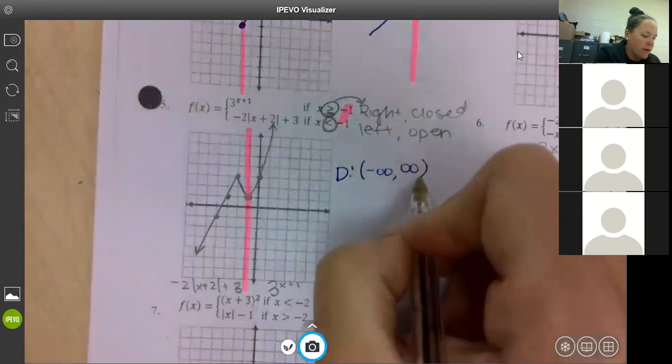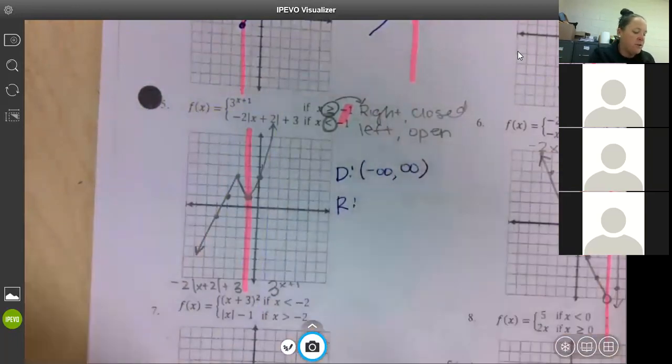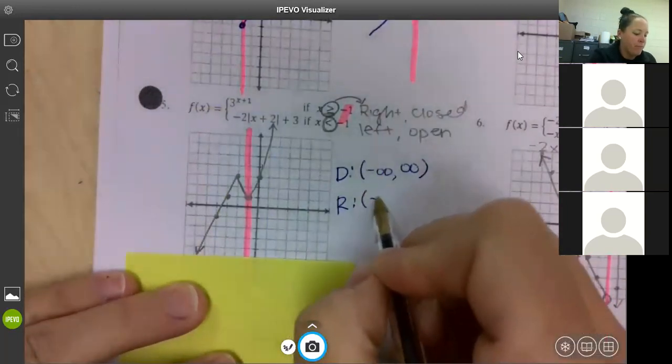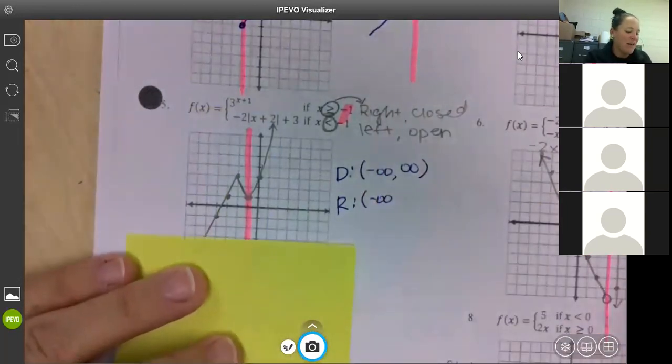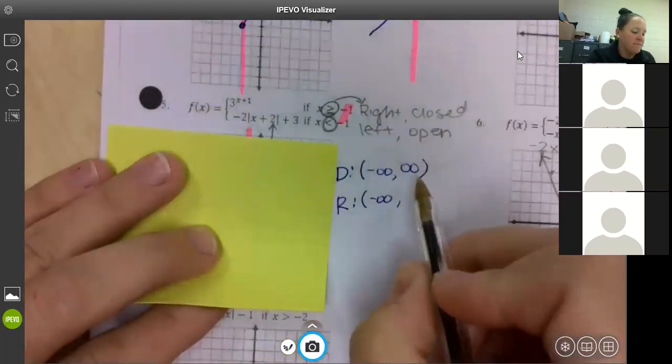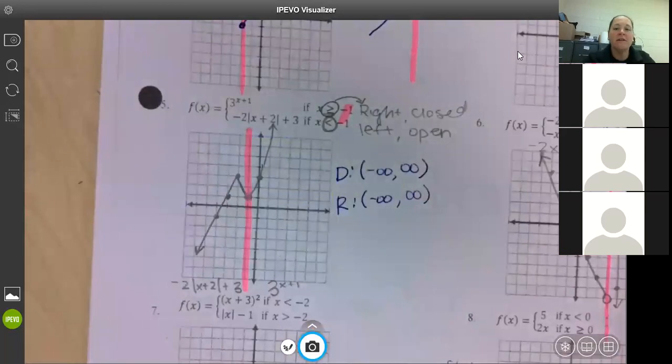Infinity. Perfect. The range. We go from the bottom. What do we see? Negative infinity. As we go up, what do we see? Infinity. And that's it. Anytime you don't see anything broken or any holes, it's going to be negative to positive the whole time.